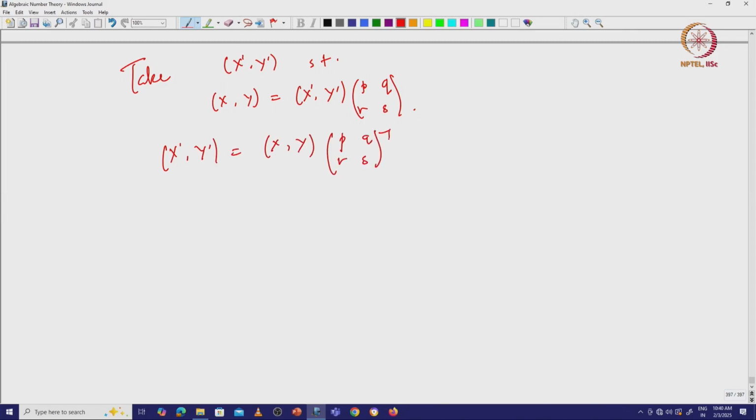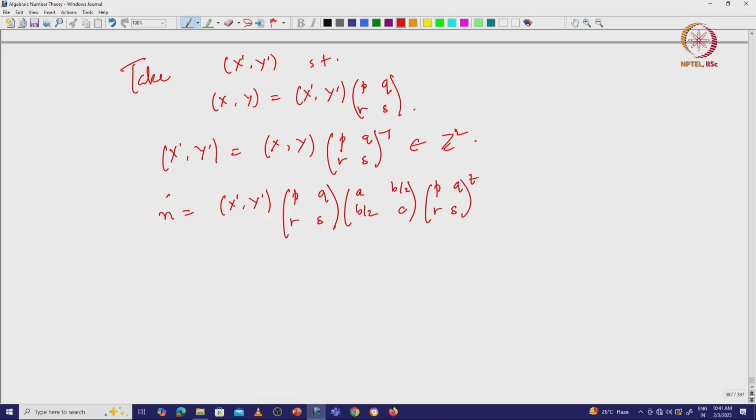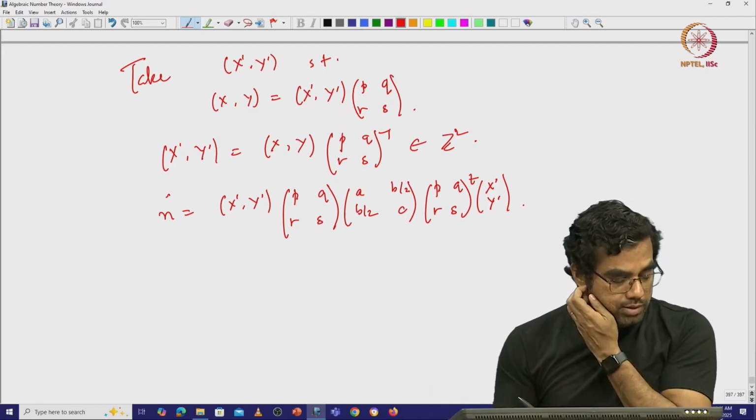So this is still in Z, and similarly, you get n is (x', y') [p q; r s] [a b/2; b/2 c] [p q; r s] transpose (x', y') transpose, because the transpose of the row matrix is a column matrix.